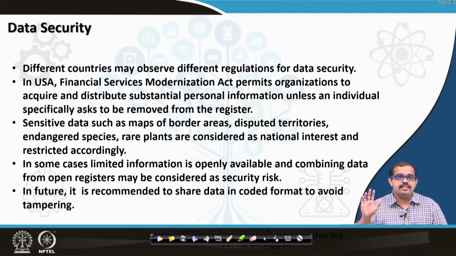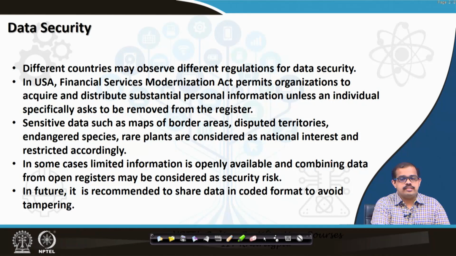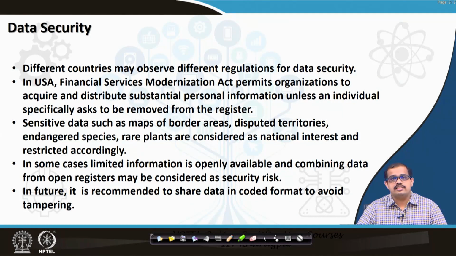And the final part is data security. So, different countries have their own regulations. Once the data is crossing the boundary, it is bound to follow that particular country's data regulation. So, in USA, the Financial Services Modernization Act permits organizations to acquire and distribute substantial personal information unless an individual specifically asks to be removed from the registry.